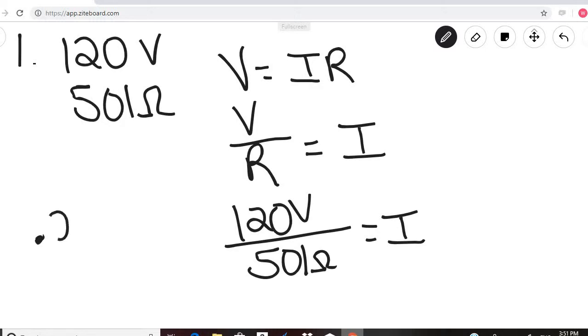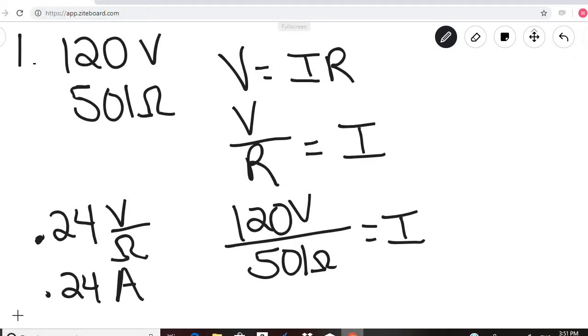So it's going to be 0.24 volts over ohms, which is an amp. So 0.24 amps, abbreviated with the capital letter A. Okay, so that is number 1.